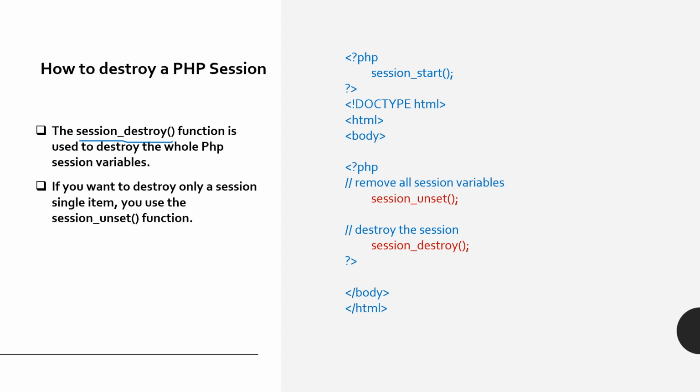Suppose you want to destroy only a single session item, you can use the unset function. That is what is illustrated in this program. Just go through this program. So this much is clear, right?